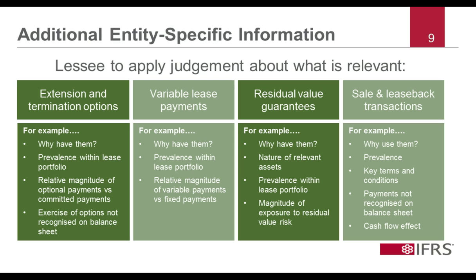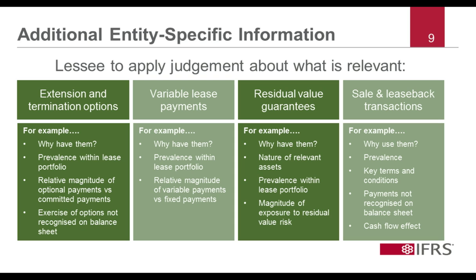At a high level, what users are likely to be interested in is understanding the rights and exposures that a lessee has that are not evident anywhere else in the financial statements, and the economic effect of those rights and exposures. They're also interested in understanding the things that factor into companies' decision-making about their lease portfolio.